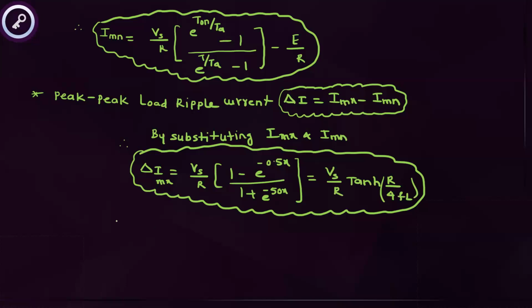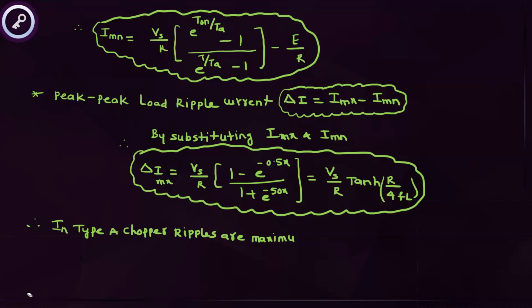But students, we know where these ripples are maximum. Type A chopper is also called which chopper? I told already: step down chopper. In type A chopper or step down chopper, ripples are maximum at D equal to 0.5.